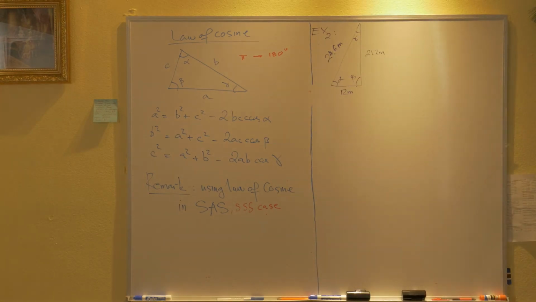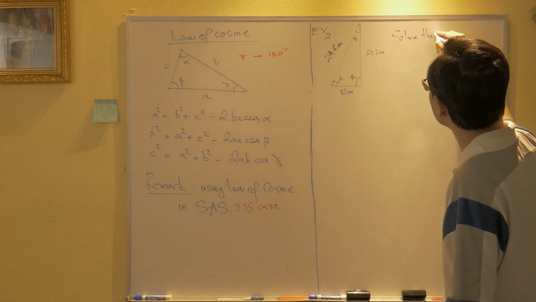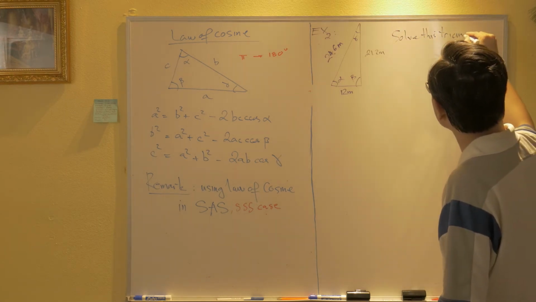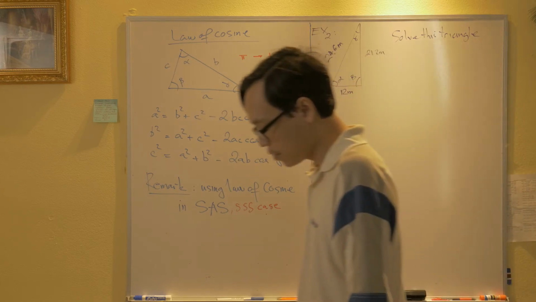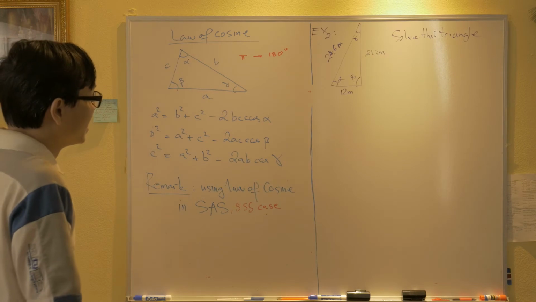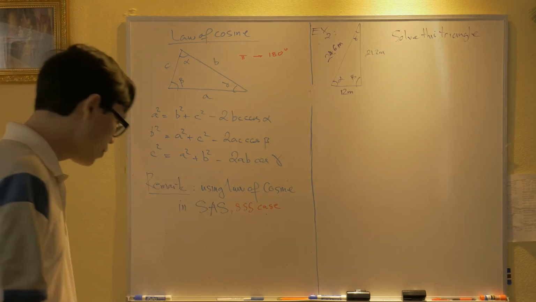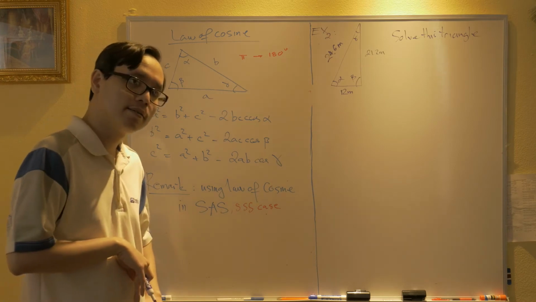Okay. So you see in this problem, they give you all three sides already, and they ask you to solve this triangle. Can we work with the law of sines?